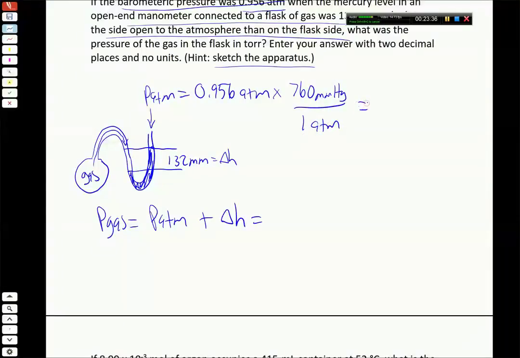So the atmospheric pressure in the correct units is going to be 726.6. So that's going to be our atmospheric pressure, 726.6 millimeters of mercury, and then the pressure of the gas is going to be larger than that by 132 millimeters.